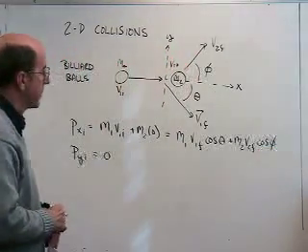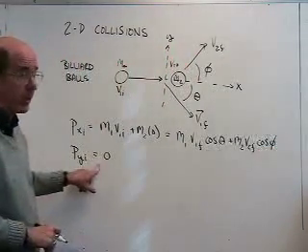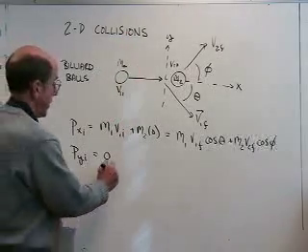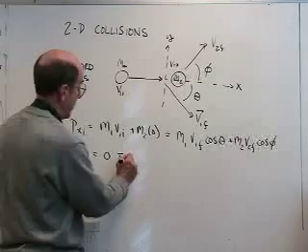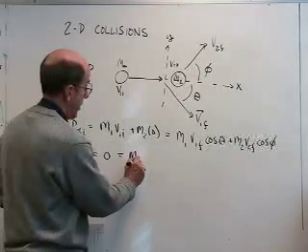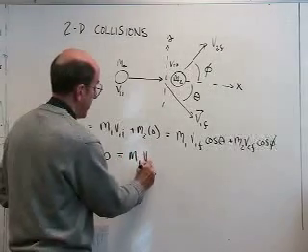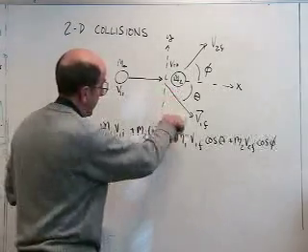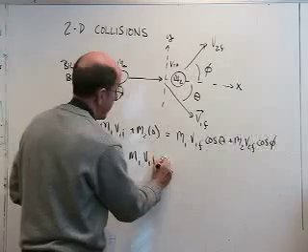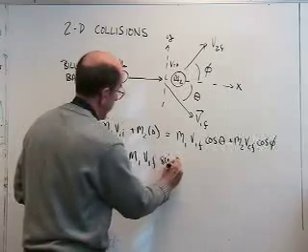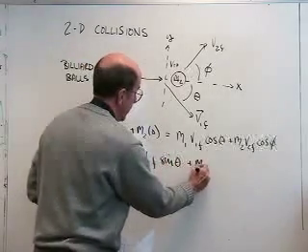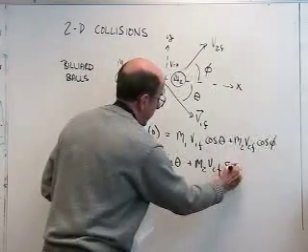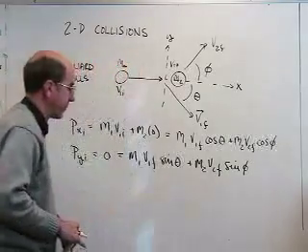Okay. And we can do the same thing with the components in the vertical direction, in the y direction. After the collision, we've got m1 going off at a velocity v1 final, and the component in the y direction is going to be m1 v1 final times the sine of theta, and the other one is going to be m2 times v2 final times the sine of phi.